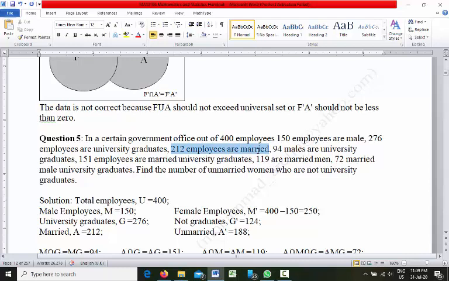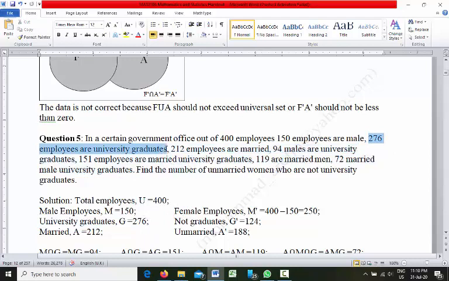One more thing here: 276 employees are university graduates. Let us name university graduates as G, for graduate. So G is 276.